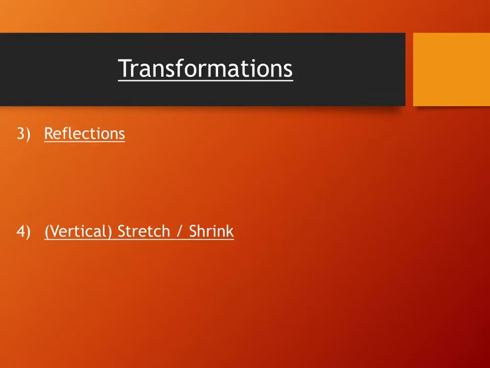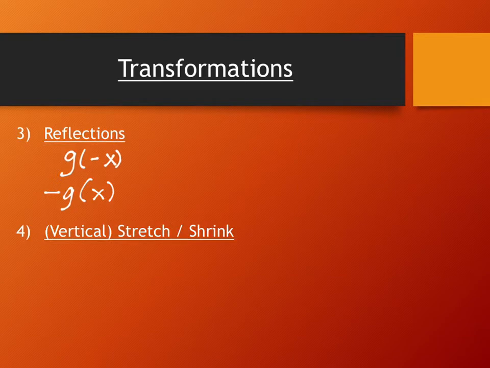One reflects it over the x-axis, so it reflects it from top down or bottom up. And then we have one that reflects the left-hand and the right-hand side. So these are mirror images, just like the word reflection means when we talk about our reflection in a mirror. So there's 2 types of reflections. One reflection has the negative occurring inside with x. And the other reflection has the negative occurring on the outside of the function, much like the inside and the outside before.